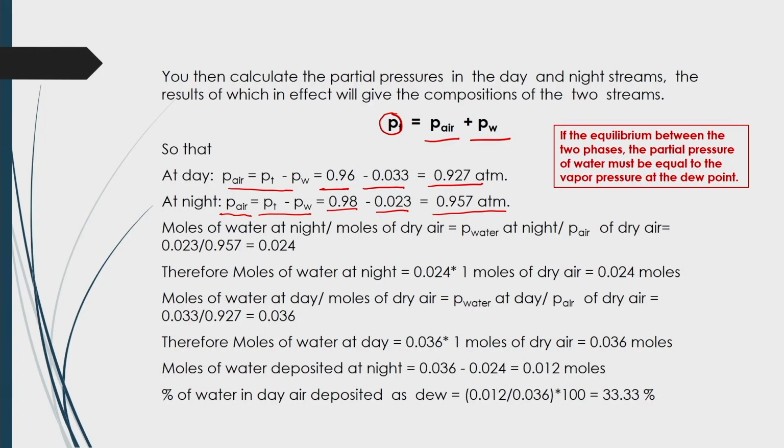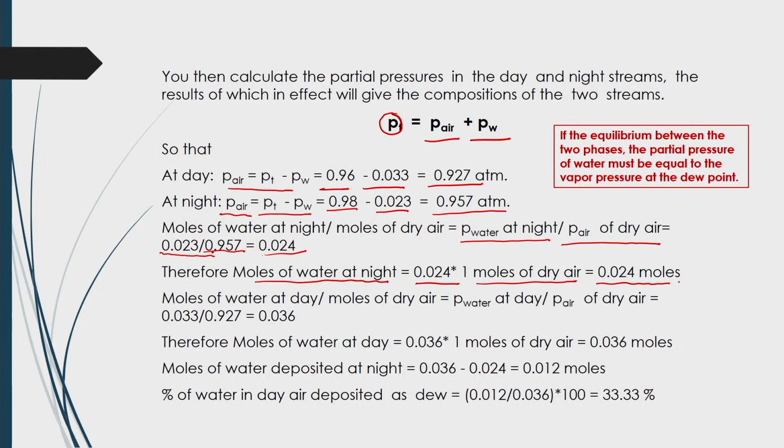Now, from this we can say that moles of water at night per mole of dry air will be equal to partial pressure of water at night divided by partial pressure of dry air. So, that will be 0.023 divided by 0.957, which is 0.024. Similarly, moles of water at night will be 0.024 times 1 mole of dry air, so 0.024 moles.